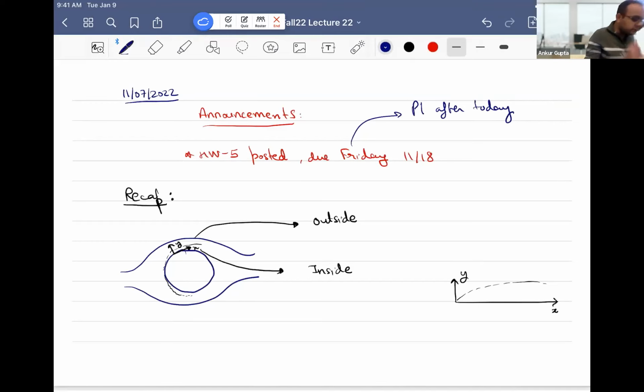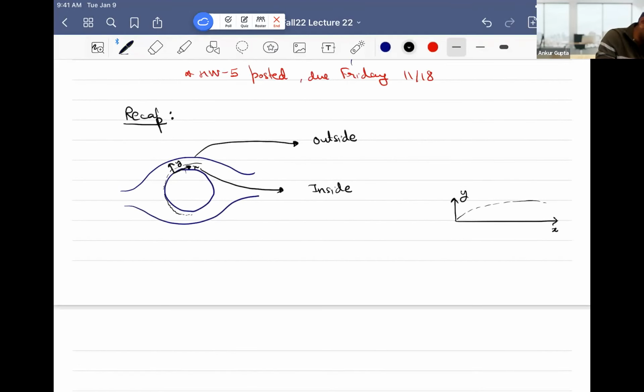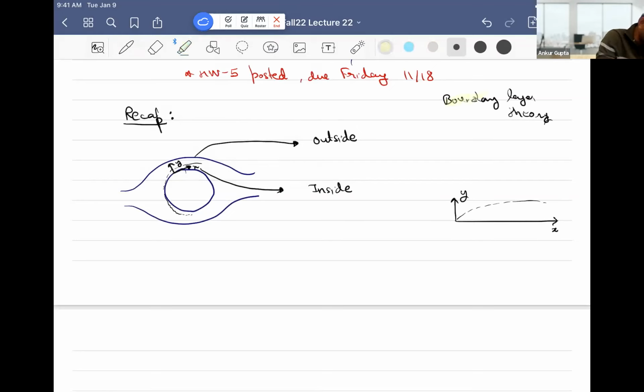All right, so a quick recap. We have been talking about boundary layer theory. Last time we discussed that there are different regions in a boundary layer. The outside region is called the inviscid region, where you can use del squared phi equal to 0.